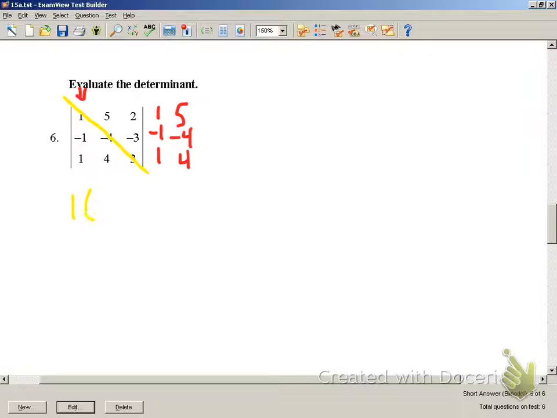I will add that to the product of 5, negative 3, and 1. And I will add the product of 2, negative 1, and 4.